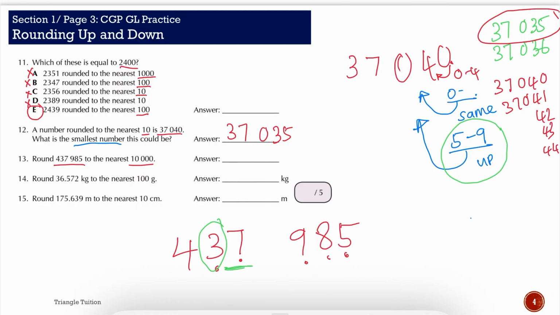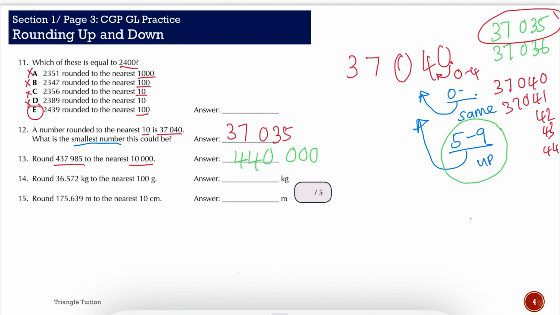Step number 2: check the next door. This is more than 5. So 5 makes it jump. This is going to make this number 4, so it's 44. Then we chop the remaining numbers. So the answer here is 440,000.